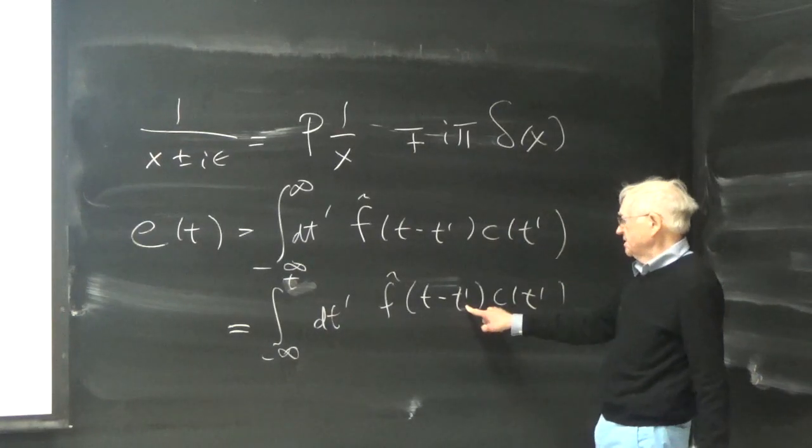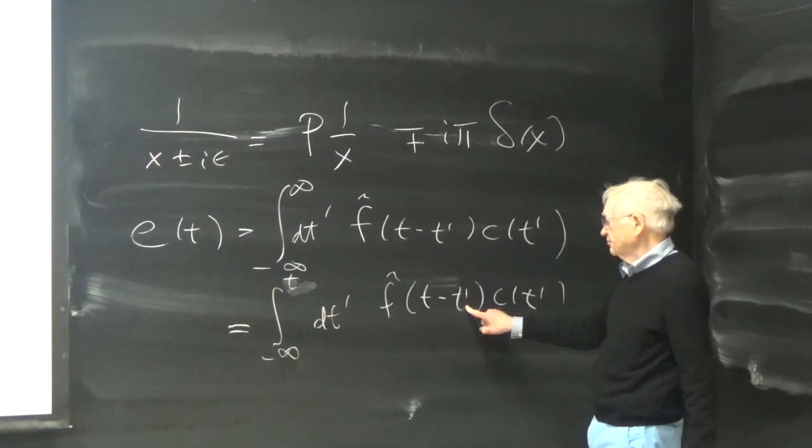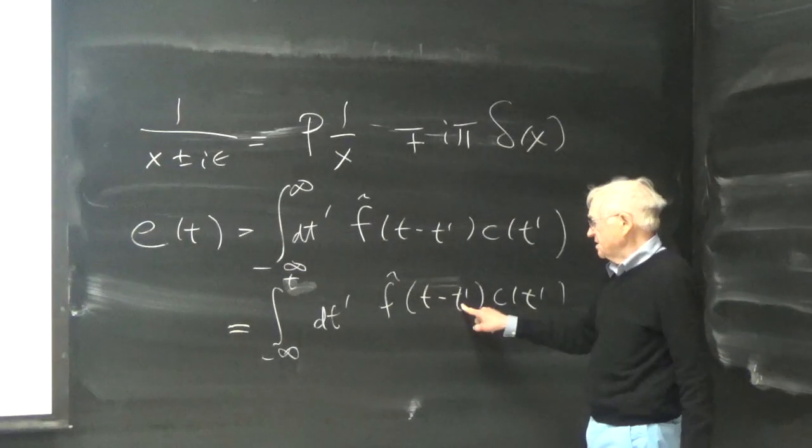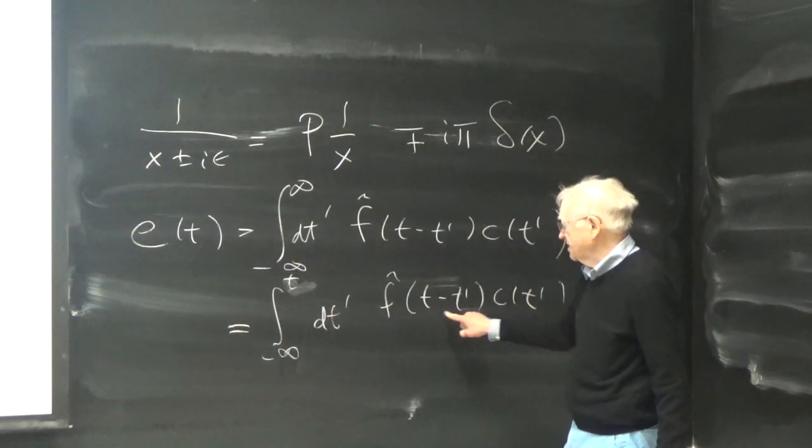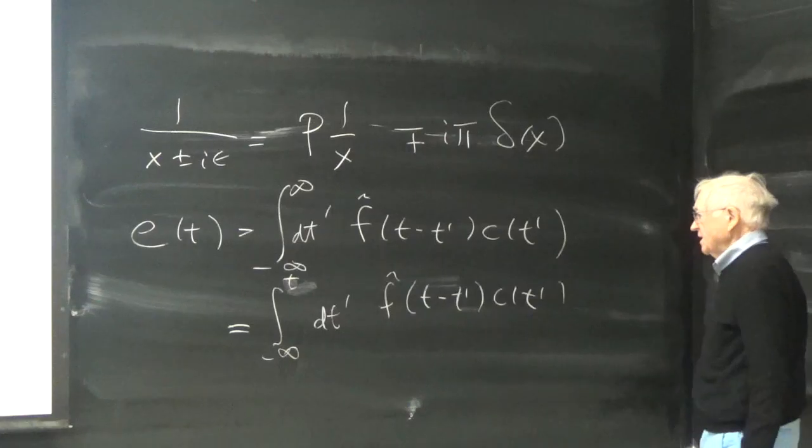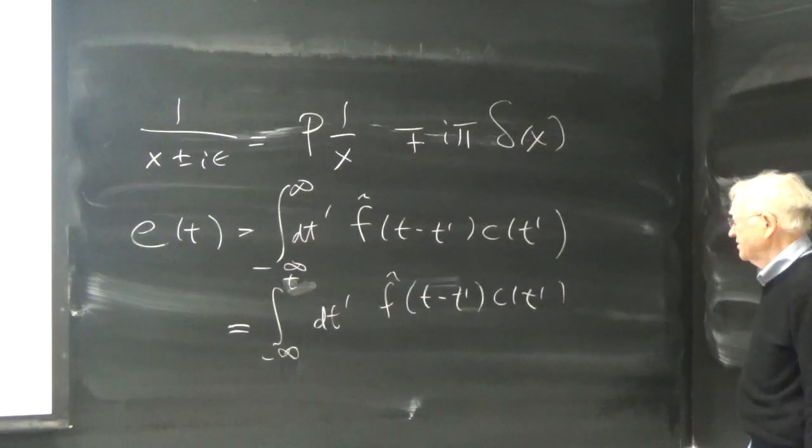So now, since t prime is negative, t minus t prime is positive.